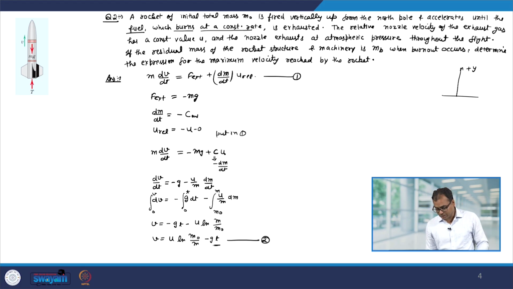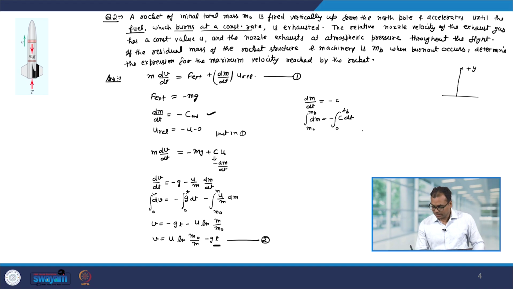Now, let us find out this t in terms of the given parameters. It is already given that dm by dt is constant. So, let us use this equation, dm by dt equals constant, minus c. Let us integrate this. So, we have integral dm equals minus c dt. Now, the mass initially is m naught and later it becomes mb when the complete burnout happens, and let us say the time to complete burnout is tb.